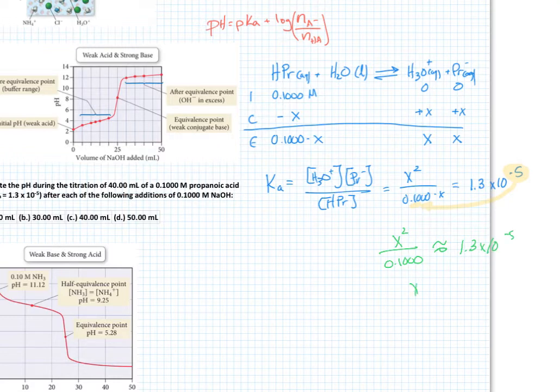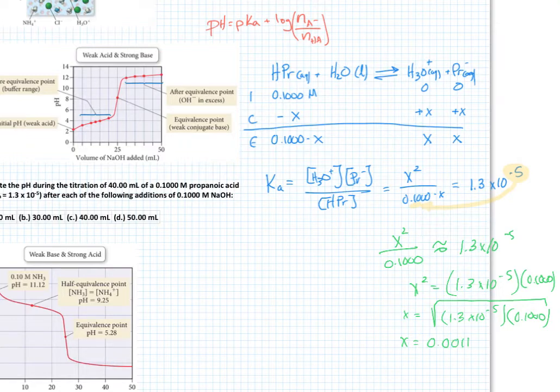Cross multiply, X squared is equal to 1.3 times 10 to the minus 5 times 0.1. And X, of course, is going to equal the square root of this whole thing, 1.3 times 10 to the minus 5 times 0.1. And if we solve that out, X is going to be equal to 0.001140.